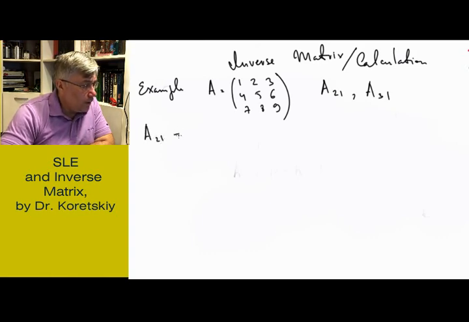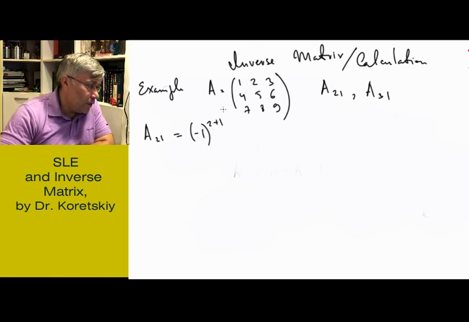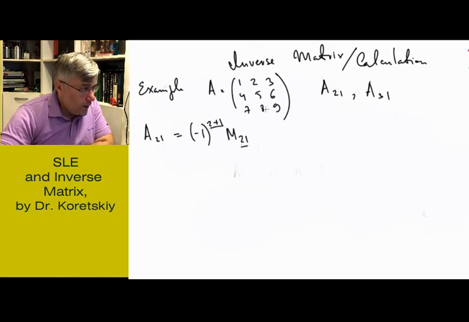So minus 1 raised to power 2 plus 1 times minor 2, 1. So you can see here that these indexes, they are always repeated. They are here and here. A21 element, I want to take the red ink here. Second row, first column. So this is this matrix element.